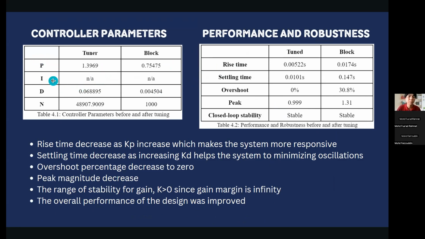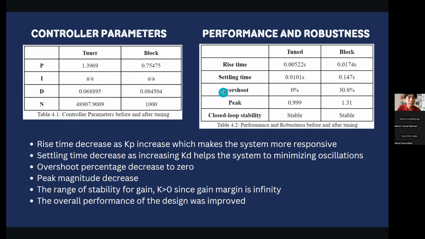Since the system has no steady state error, we didn't use the integral parameter. The derivative parameter also increased, and we also increased the filter coefficient. After the PID tuning, the rise time decreased and the settling time also decreased. The overshoot reduced to 0 and the system remains stable.